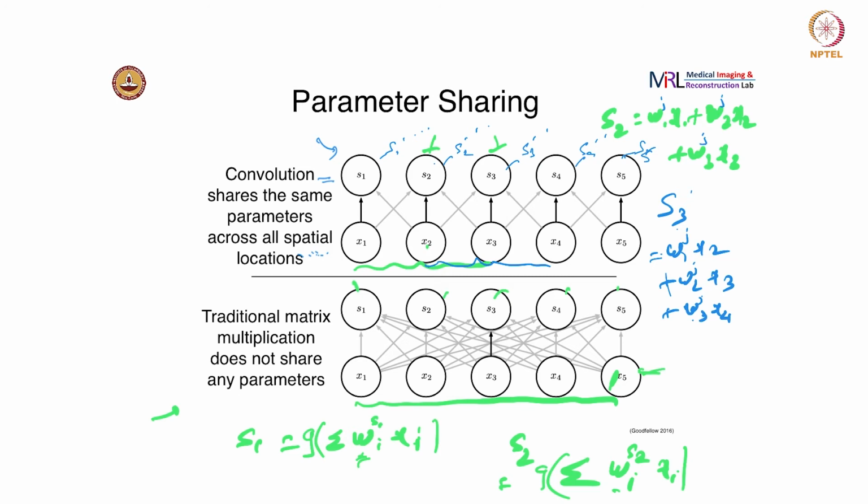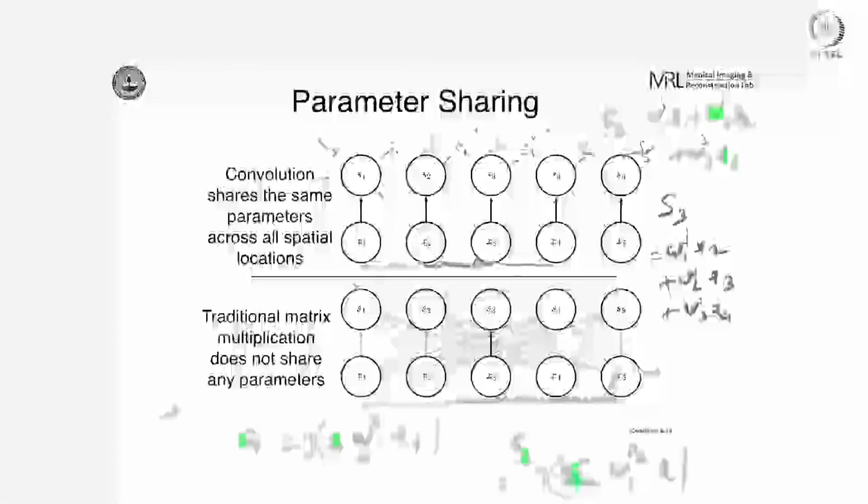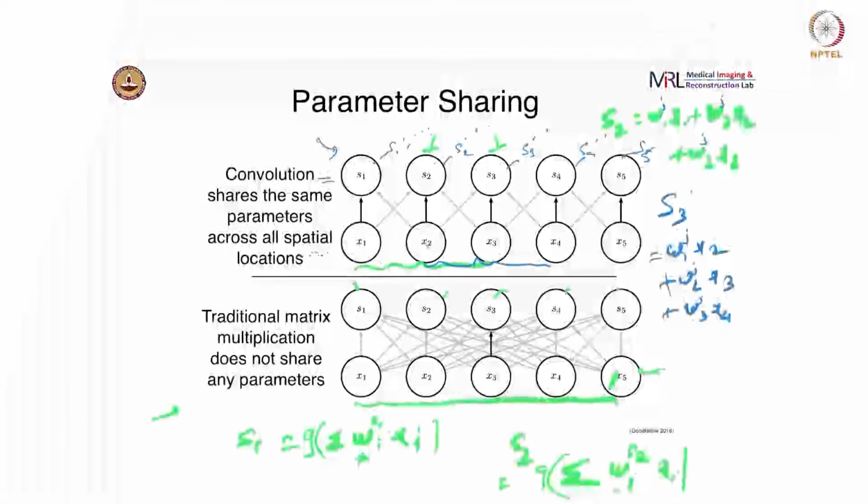And if you use 5 or 6 sets of such weights, you can get multiple sets of hidden units. That's the idea behind parameter sharing, and that's also how you define multiple sets of activations in one layer. Every layer in a convolutional neural network will have multiple sets of such activations, and that's what you would call a layer in a convolutional neural network.